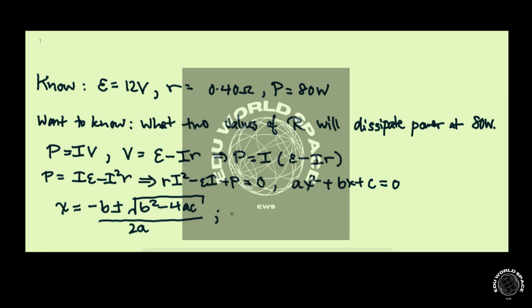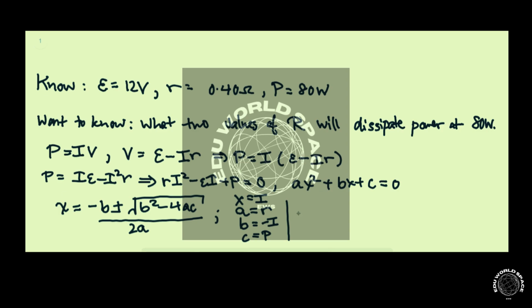And we can identify, first, X with I, right? And then A with R, and then B with minus E, and then C with P. So then if we do that, then we can just substitute into here.